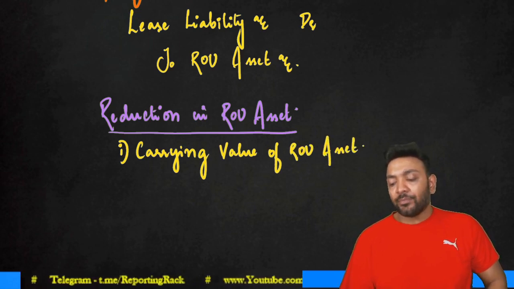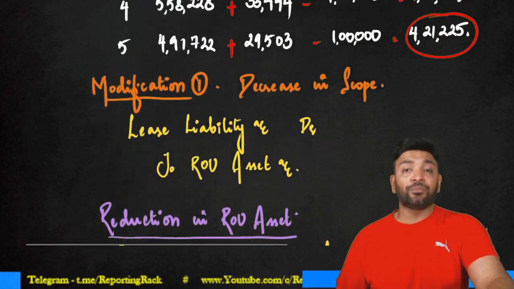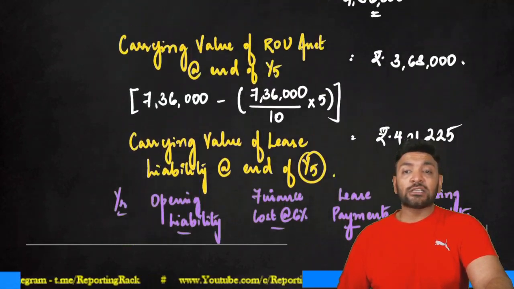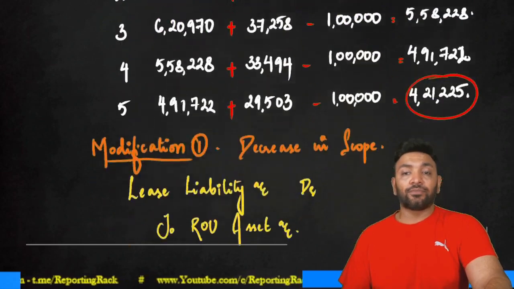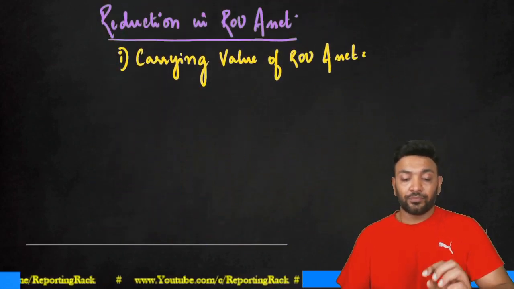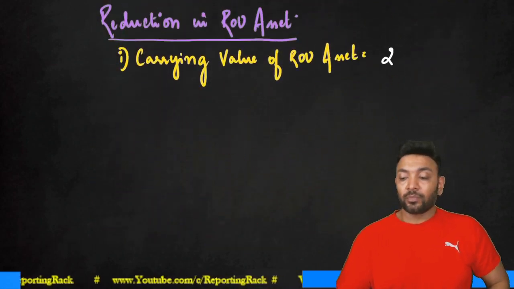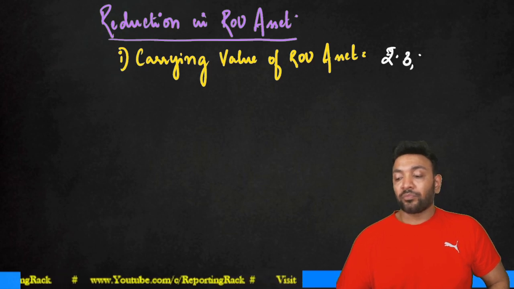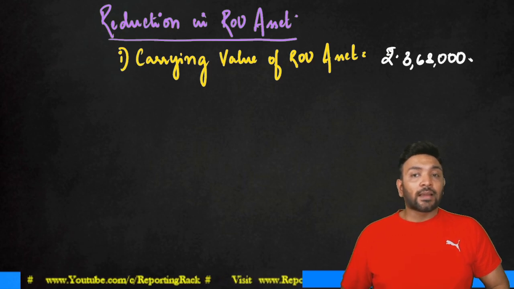On that date when there was a modification, the carrying value of ROU asset was 3,68,000. Correct?